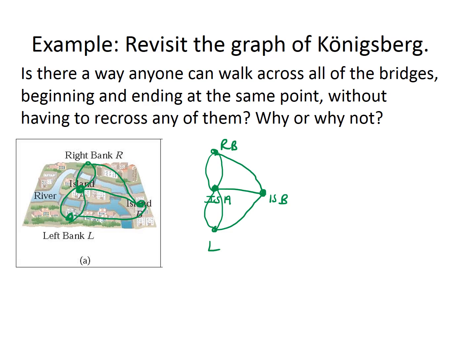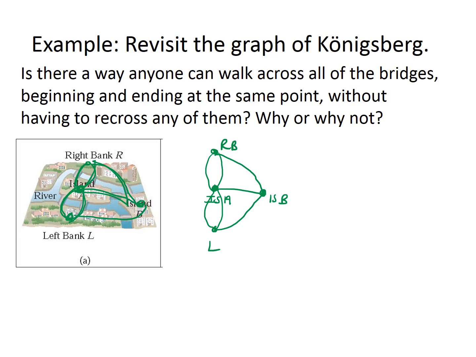So this was the graph that we drew in section 14.1. And again, if you ever need to pause this to catch up on the writing, I'm kind of going fast because I expect you to pause it as you need to keep up. So is there a way anyone can walk across all of the bridges beginning and ending at the same point without having to recross any of them? So, we're not going to want to try to do this.